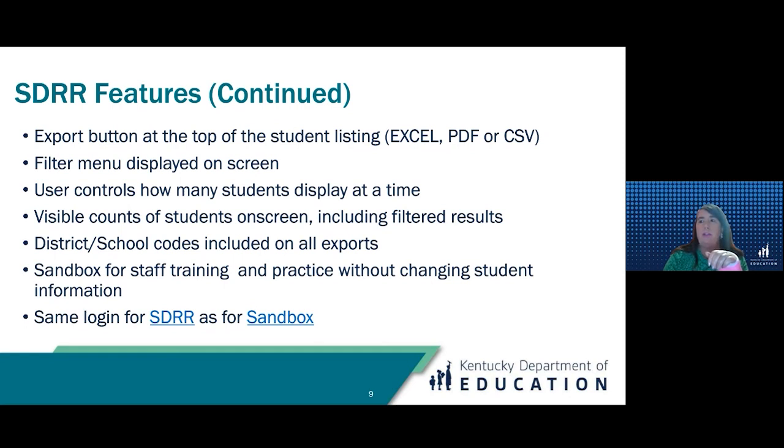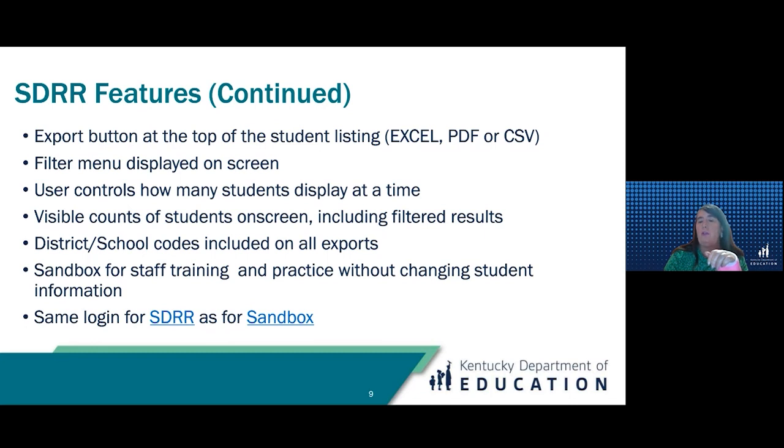Also, there are lots of filters that you can use in SDRR on the screen. When you log in and get into your student listings, you'll notice that up at the top of the screen you'll be able to filter by accountability, by grade level, by accommodations, by non-participations, etc. It will also tell you how many students are displayed at a time on your screen.